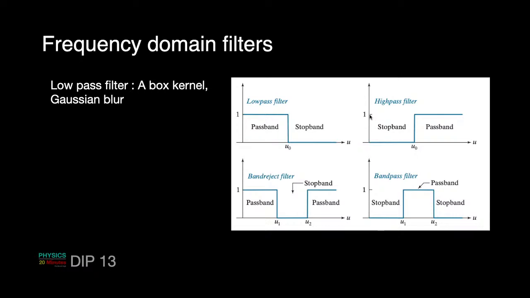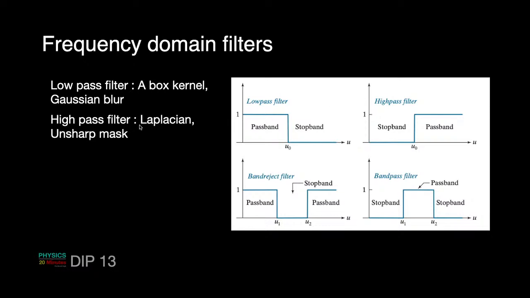So if you subtract your low pass filter from 1, you will get a high pass filter. So if you have designed your low pass filter, getting a high pass filter is easy.